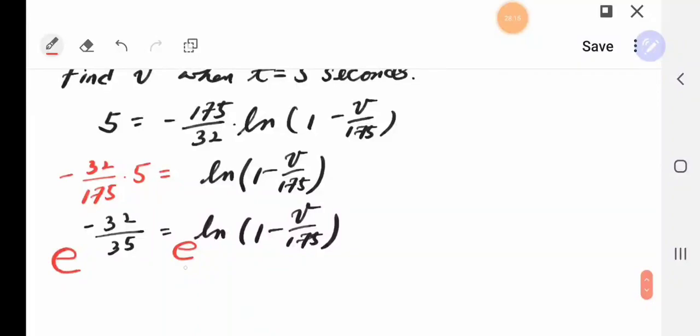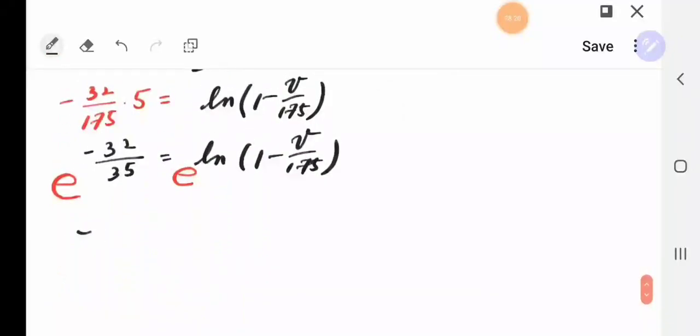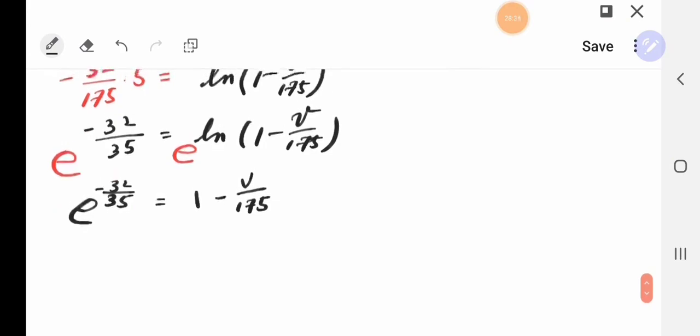Then the left side is this one, and the right side becomes only this expression, 1 minus v over 175. So from this equation, let's find v. Subtract 1 from each side.